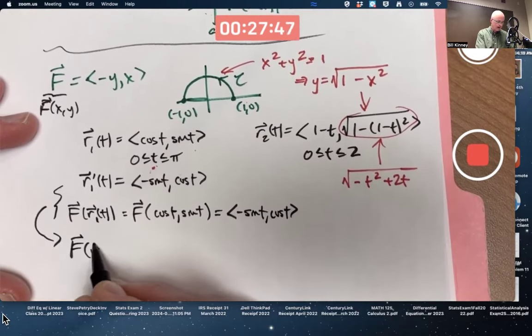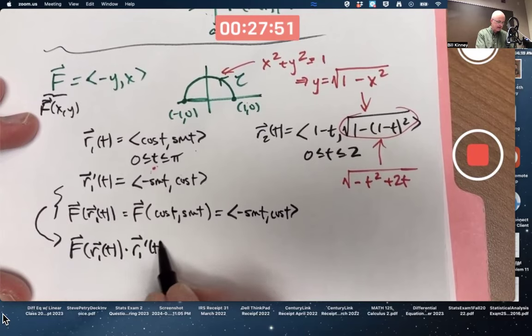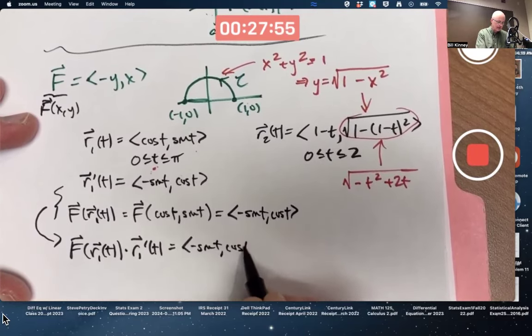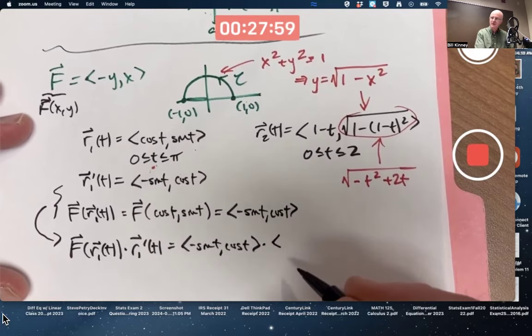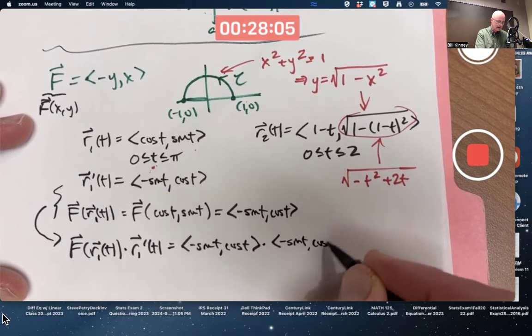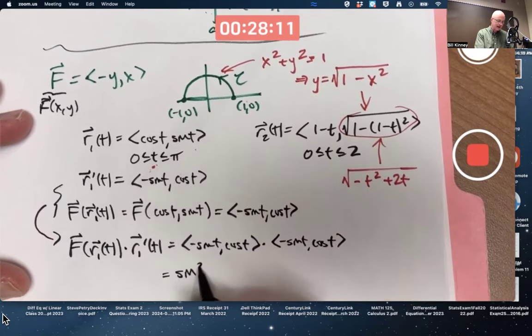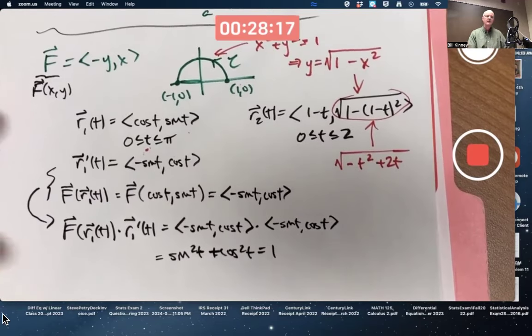F of R1 of t dotted with R1 prime of t will be negative sine t, cos t. R1 prime turns out to be the same thing. We're really dotting a vector with itself here. In the end, giving us positive sine squared t plus positive cos squared t. Hey, our favorite thing in trig, that always equals 1.